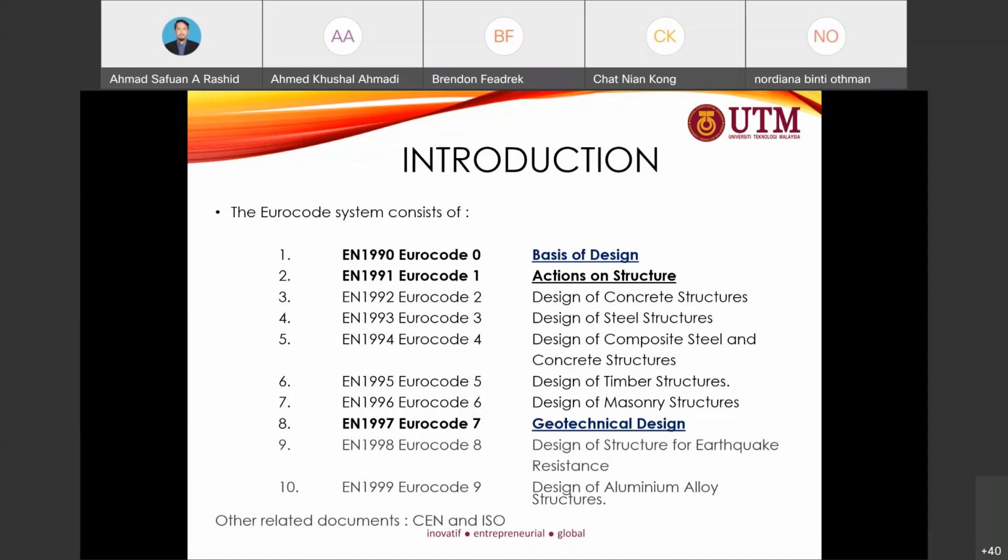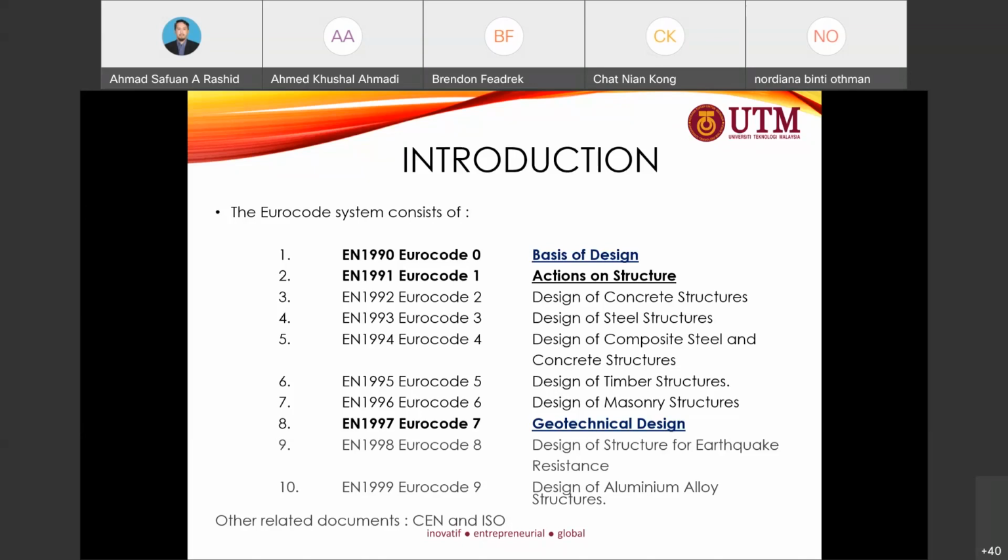So I guess for the undergraduate students, you have learned structural design using the Eurocode. Then we have EN 1991, Eurocode 1, which discusses actions on structures, followed by Eurocode 2, which is EN 1992, design of concrete structures.